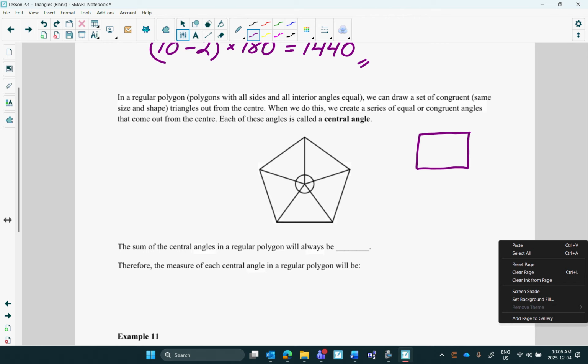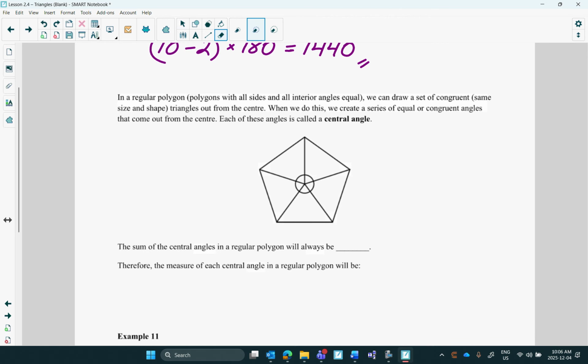Sorry, if it was a square, not a rectangle. Has to be a regular polygon. Put a point in the center. I could draw 4 equal triangles, same size and shape. Okay?